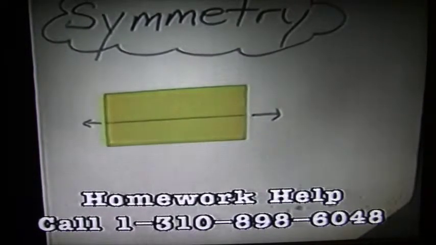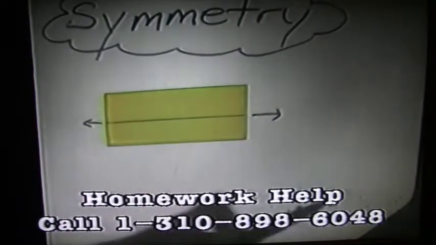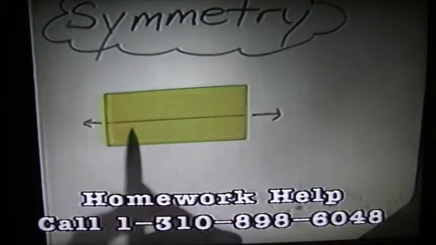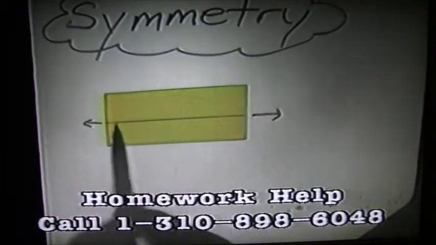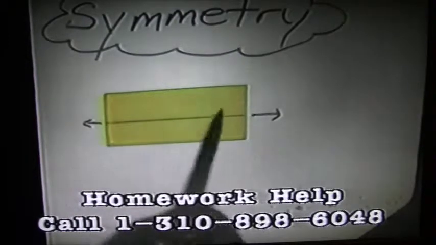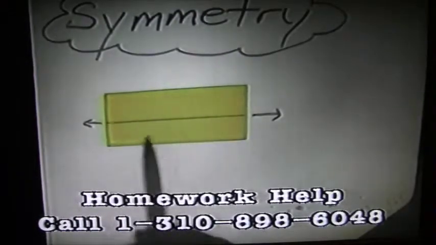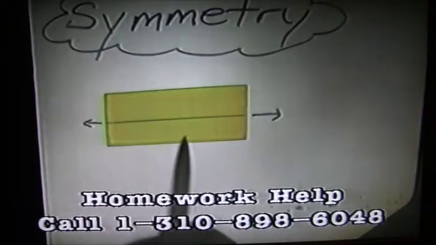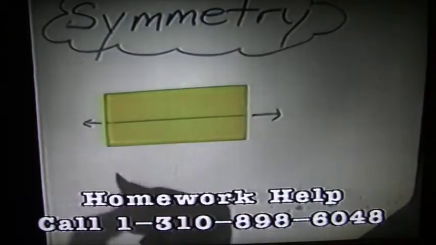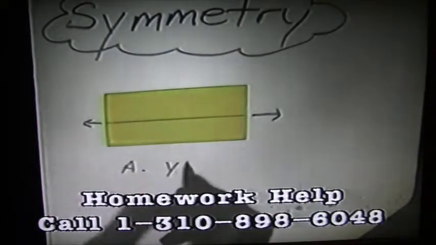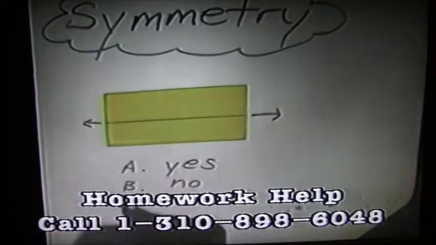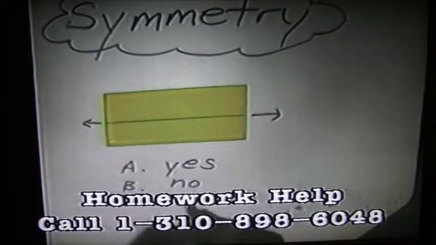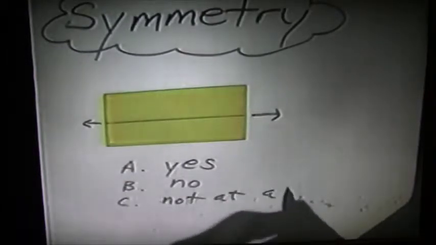So, if you were asked this question, is this line a line of symmetry? Does this line divide this rectangle so that this side looks like this side? And say you had A, yes. You had B, no. You had C, not at all.